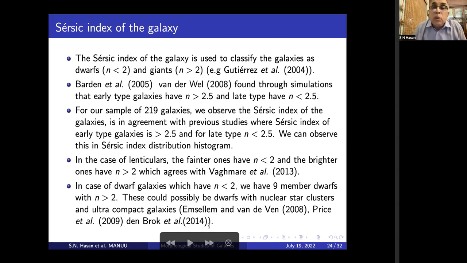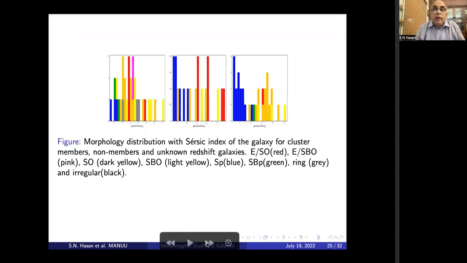These could possibly be dwarfs with nuclear star clusters and ultra compact galaxies. This diagram gives the morphology distribution with Sersic index of galaxies for cluster members, non-members and unknown redshift galaxies, and the color coding gives you the different types.